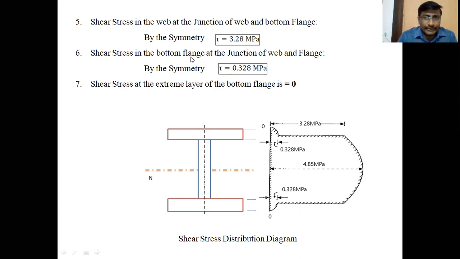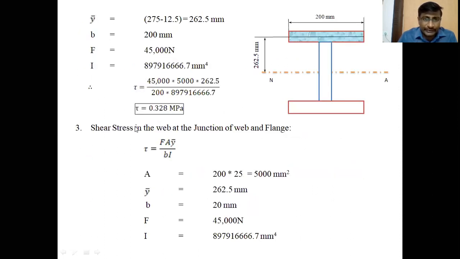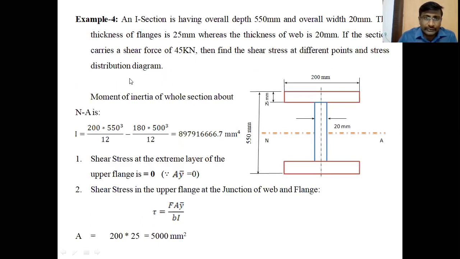And also the shear stress in the bottom flange, at the same junction of web and flange, is 0.328, as also calculated earlier. This is the shear stress in the web at the junction, and also the shear stress in the upper flange at the junction.